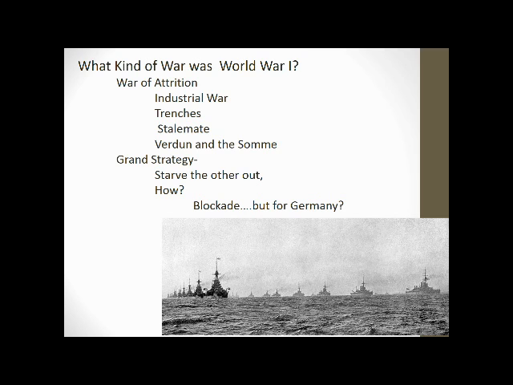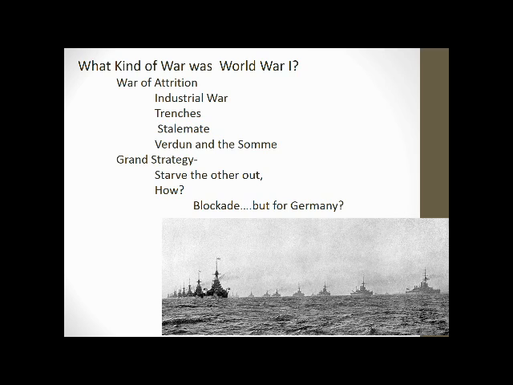So grand strategy in the war was ultimately to starve the other side out. Both sides would try to adapt new technologies like gas, machine guns, artillery and tanks to break the enemy's lines, but they were never able to.